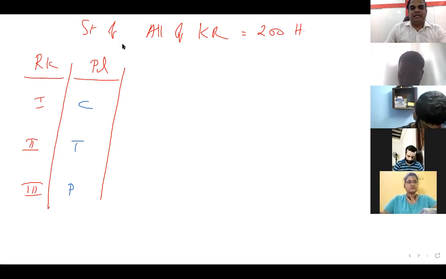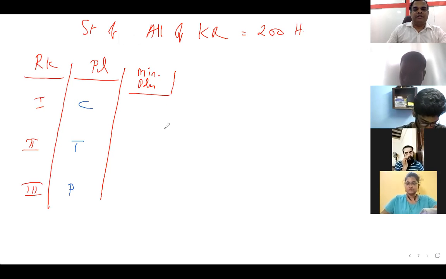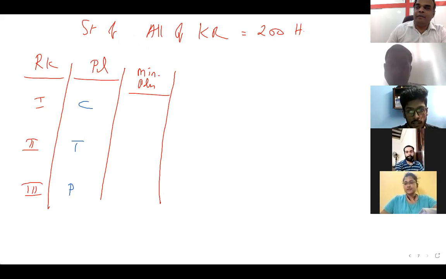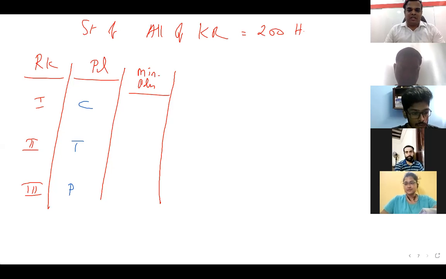Here the specialty is the minimum condition. What about the minimum production given in this question for coffee? Minimum hectares or what? Minimum hectares to be utilized.